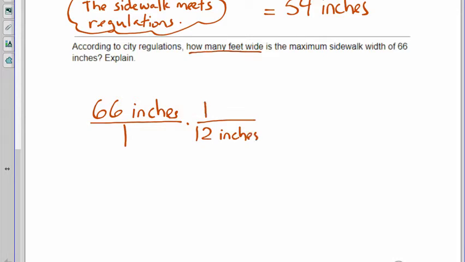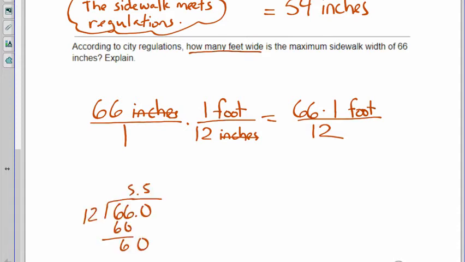And that's 1 foot. If you see, my inches cancel out. What I have is 66 times 1 foot over 12. And so that's 66 divided by 12. And I get 5 5/10 feet.